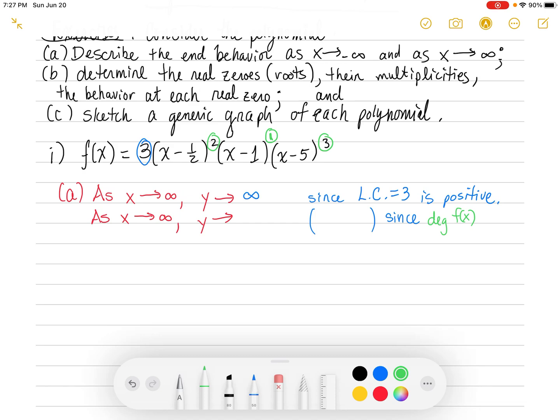These powers are sometimes called multiplicities. The exponent of each individual factor is called its multiplicity. So you take the multiplicity of 2 plus 1 plus 3, and we get 6, which is even.